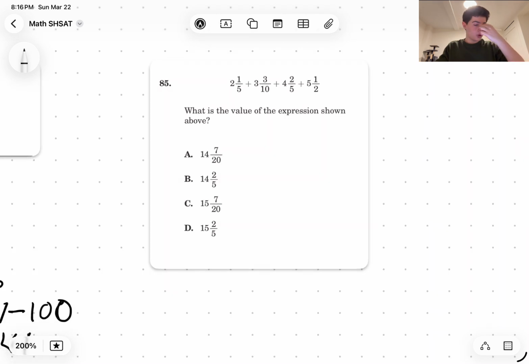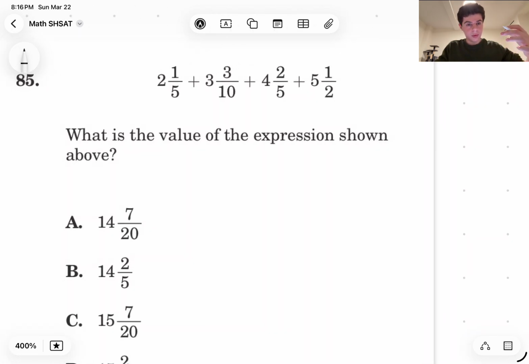Now we have our next question. Here we have 2 and 1/5 plus 3 and 3/10 plus 4 and 2/5 plus 5 and 1/2, and we just have to simplify this basically. So the first thing we're going to do, because we have mixed numbers here, is we're going to convert everything to improper form.